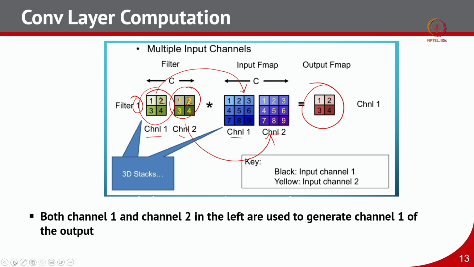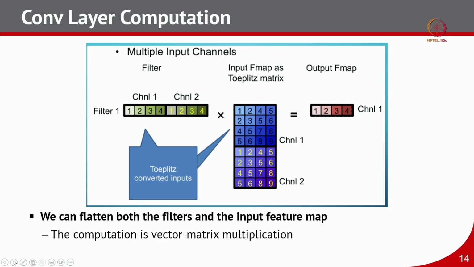Now, remember when we had one channel, we could flatten the kernel as well as the input feature map to turn the whole convolutional operation into just a matrix vector multiplication, right. Now, if we have 2 channels, how can we do the flattening? Let us see. Remember, if we have just one channel, we just had this 1 2 3 4, and then this one channel of input feature map.